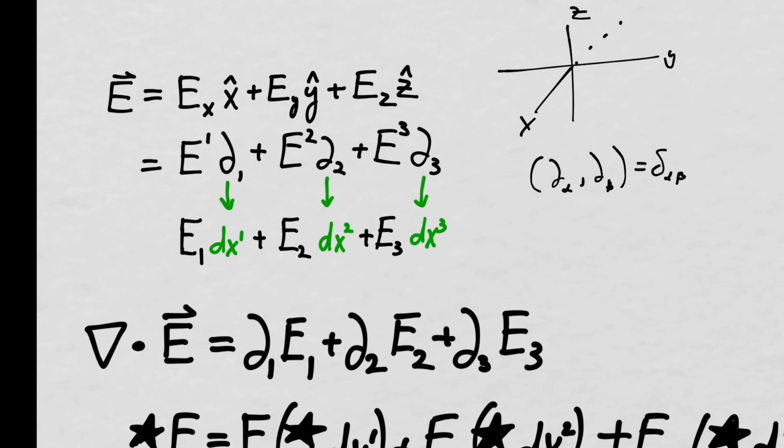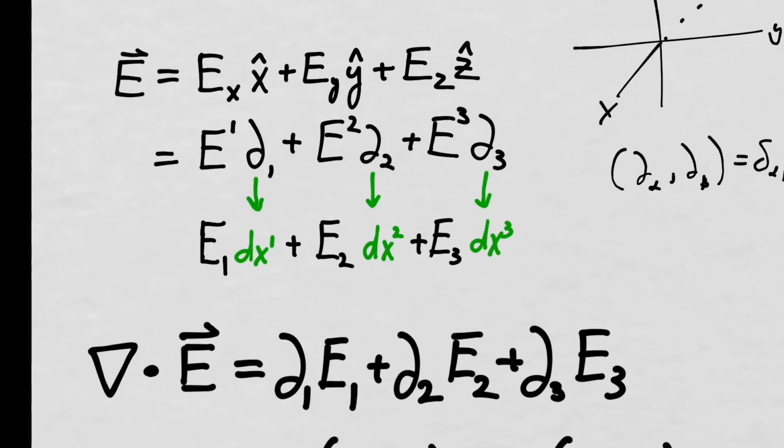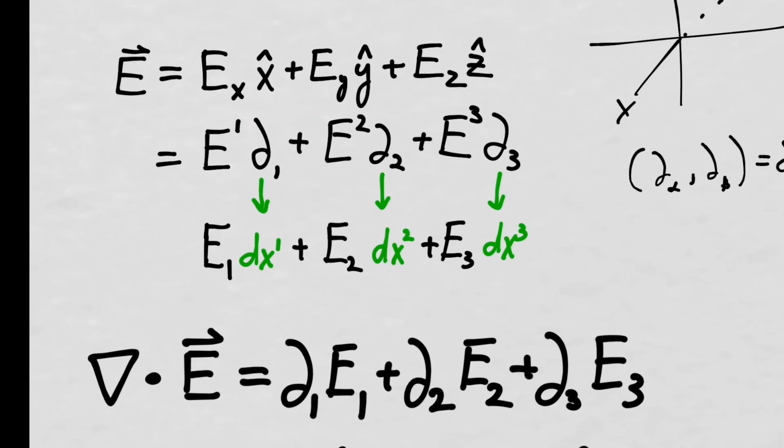And because of this, the values of E, whether the index is up or down, is irrelevant. It's not affected by going to the dual space, right?